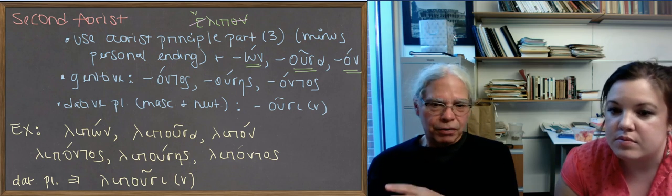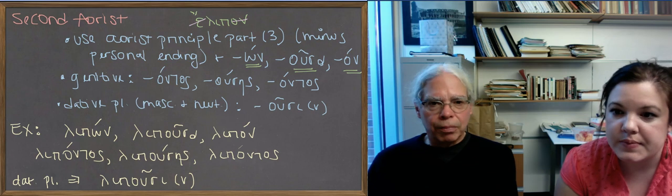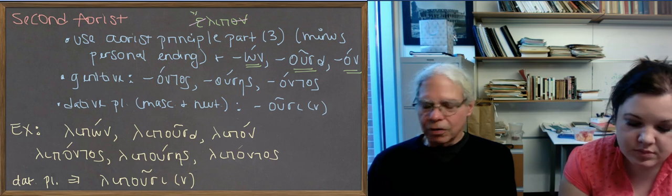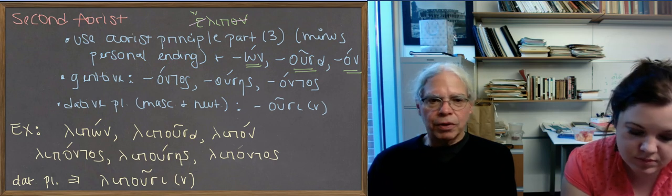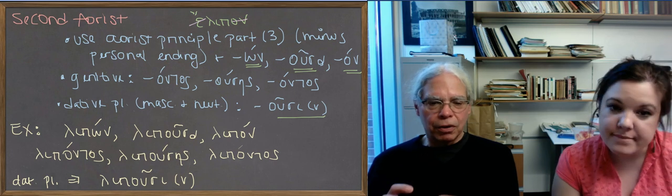So infinitives have an E thematic vowel, participles have an O. Okay, so there are the forms of the nominative: lipon, lipousa, lipon. In the genitive, it's just like the present participle and the future participle forms: lipontos, lipouses, lipontos, and the dative plural likewise, lipousi.